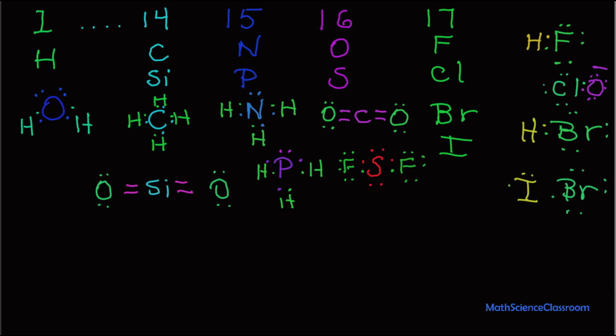So 1, 2, 3, 4, 5, 6, 7. And thus we have 2 halogens forming iodine monobromide, and we have completed valences. So that's the end of the organic chemistry coverage of basic bonding behavior.